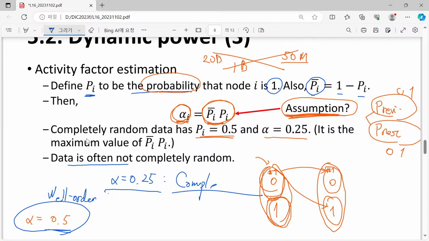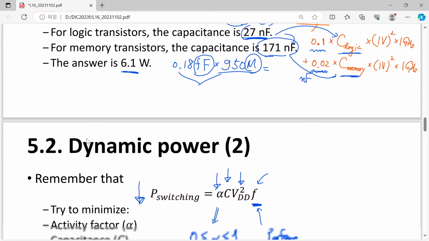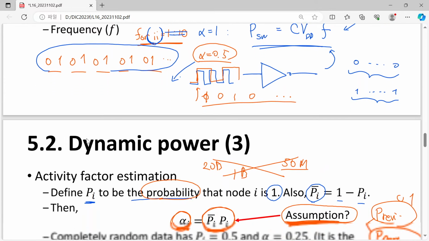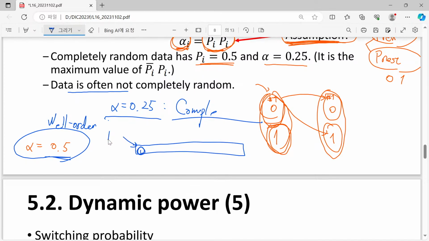However, as I told you before, our signals are not completely random. In many cases, for example, if we have one integer and consider the most significant bit, MSB, of our integer variable, then it is very probable to just stay at 0 or 1, whatever.